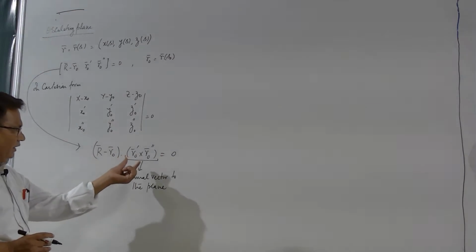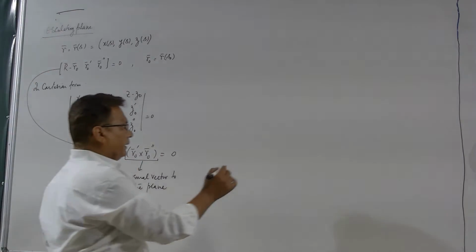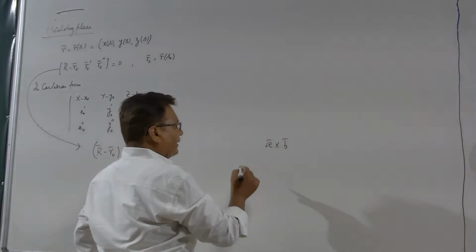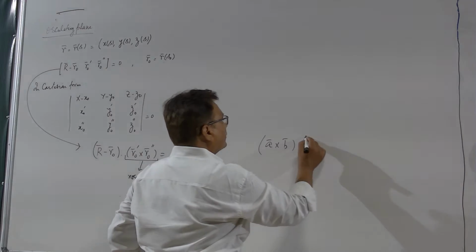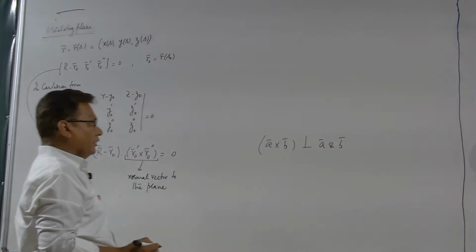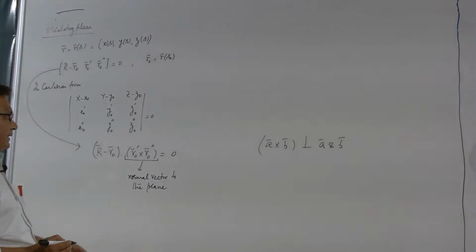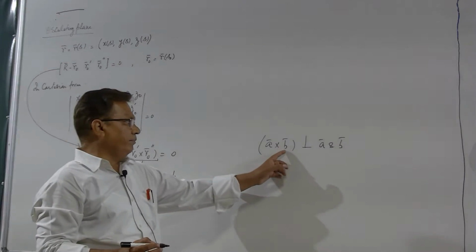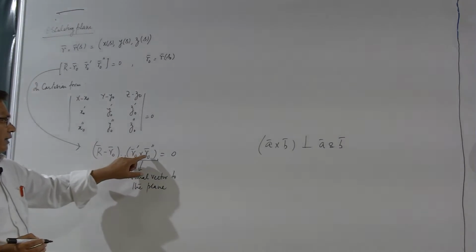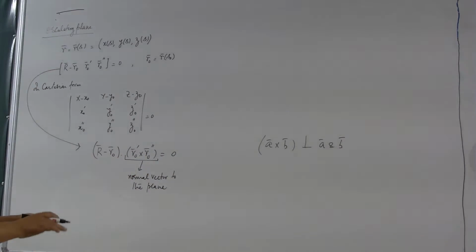You see, if you have two vectors a and b, then their cross product is a vector which is perpendicular to a and b both. So, what you notice is that these vectors a and b would lie in the same plane. I mean, r dash and r double dash are the vectors which lie in the osculating plane.